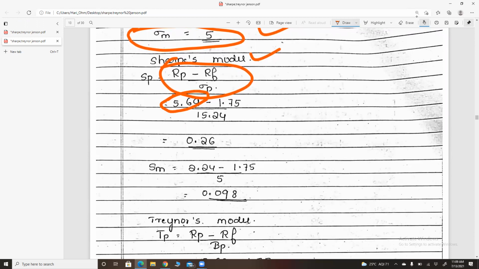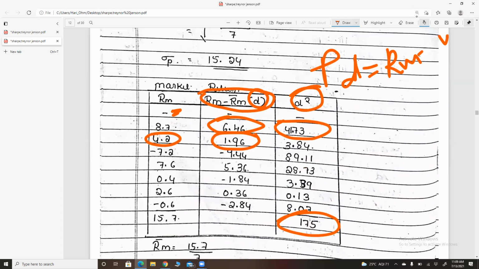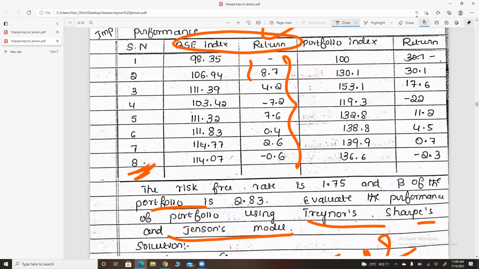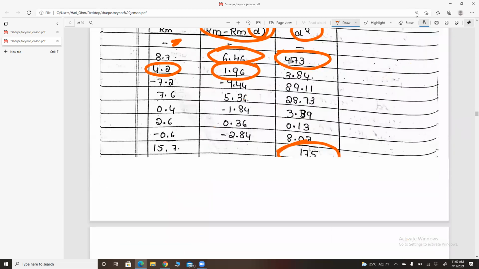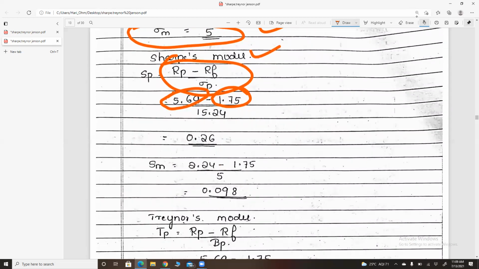Okay, 5.69 Rp minus 1.75. It's given in the question, that is Rf. I'll show you. See here. Here it is 1.75, that is risk-free asset. Beta is given, that is 2.83. Next, 5.69 minus 1.75 divided by 15.24.